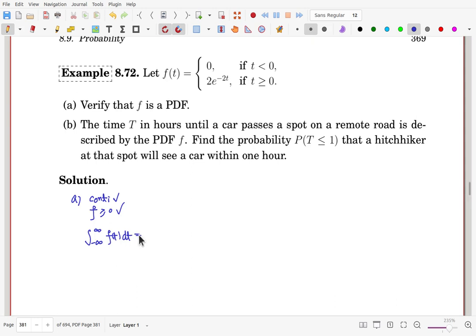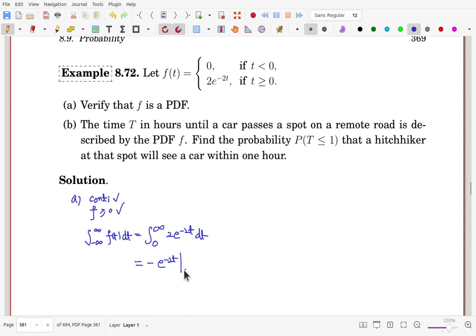Okay, on the left-hand side, the value is 0, so it can be written in this way, from 0 to infinity, ignoring the left side. And now f of t is 2 e to the minus 2t. Okay, so the antiderivative is minus e to the minus 2t.